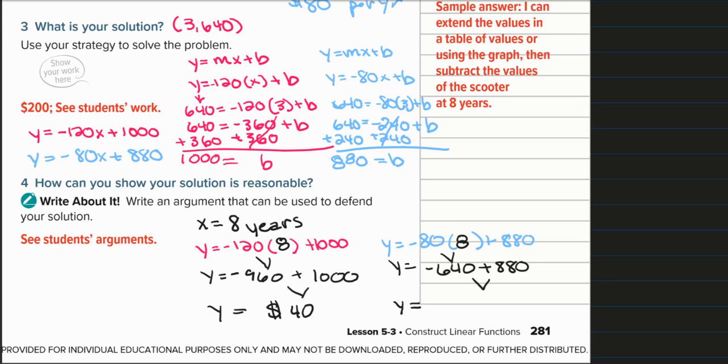So we have 880 minus 640 gives us 240. And then we have to subtract those. We're going to say 240 minus 40. That's how they got their 200 as their difference.